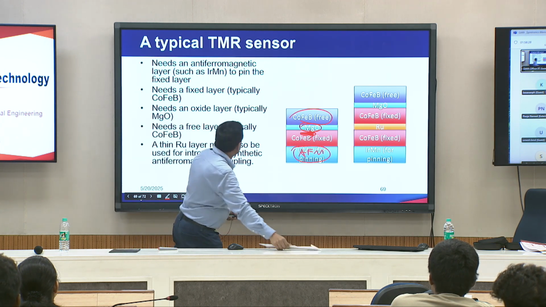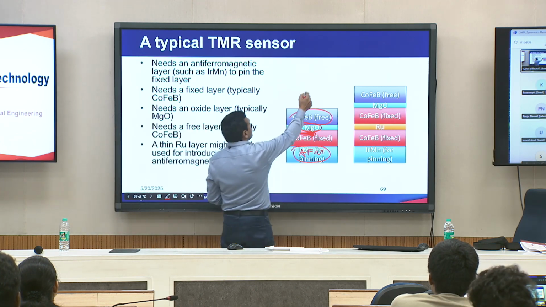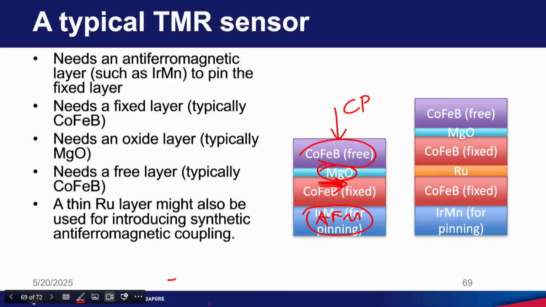It is very similar in concept, but we are using only the CPP geometry. Current is flowing in the perpendicular direction, and we are looking at the tunneling probability through the magnesium oxide. The tunneling probability is high when the magnetizations are parallel, and low when they are anti-parallel. Here I show a slightly more complex design, which we will discuss another time.